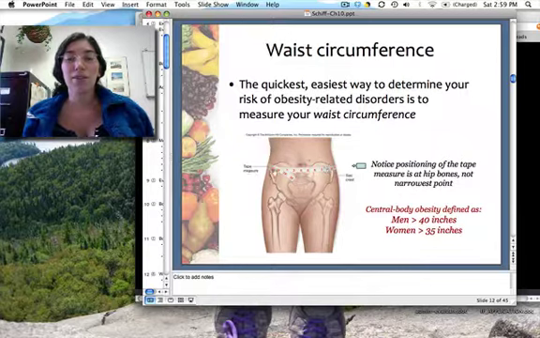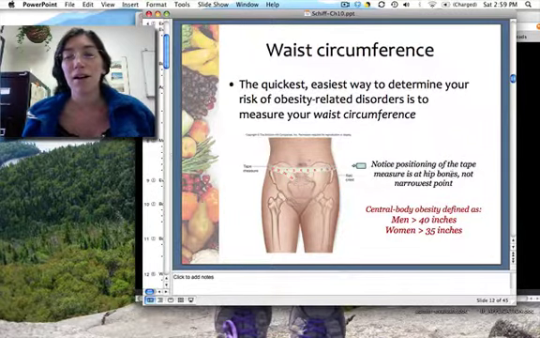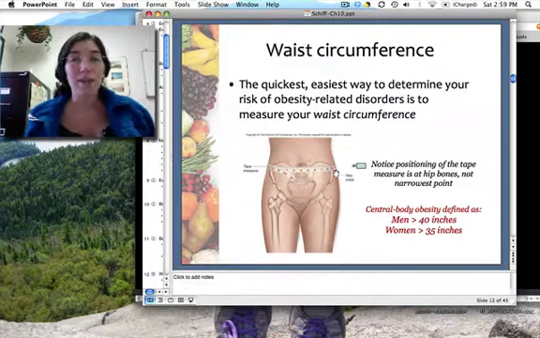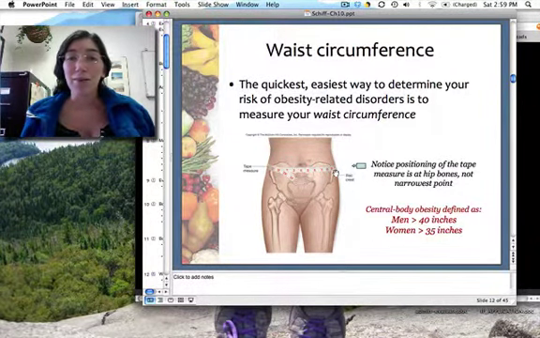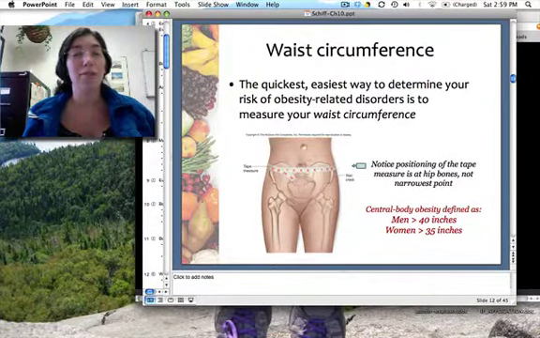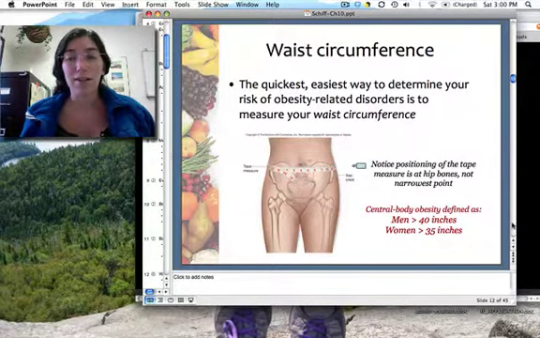And you want to make sure that the tape measure is parallel to the floor and not sort of scooping. Okay, and then you can look. That would be something, especially if you are falling in the overweight or obese category in terms of your BMI. For your diet analysis report, you might want to take a measurement like this and see if indeed your waist circumference increases your risk for chronic disease.